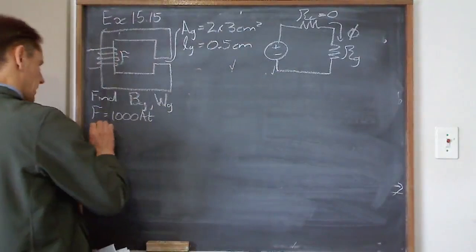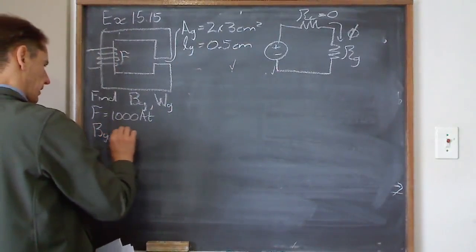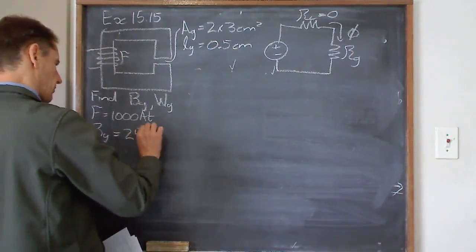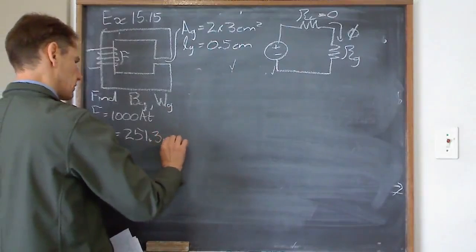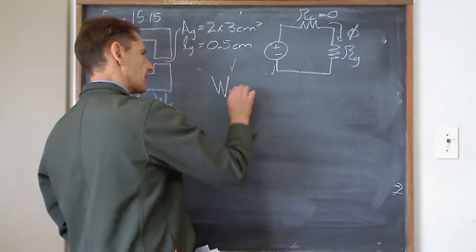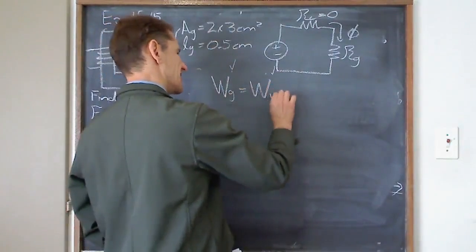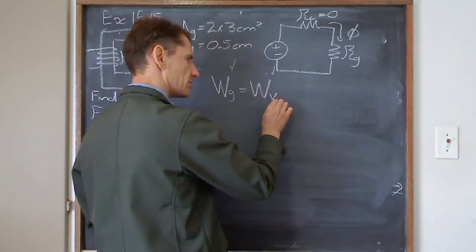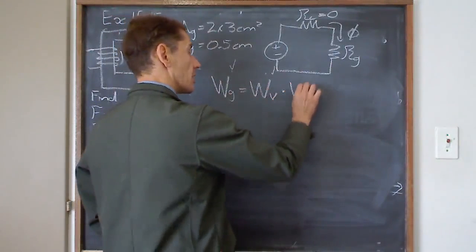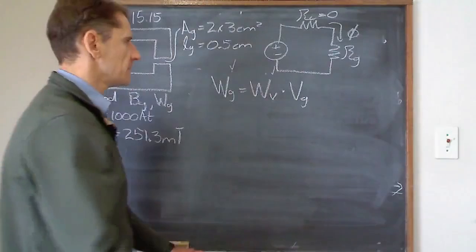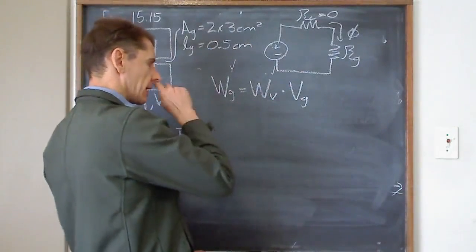So flux density, we've calculated that now as what again? 251.3 millitesla. Energy in the gap is going to be the energy density in the air gap, the volumetric energy, times the volume of my air gap. So first I need that W_V.